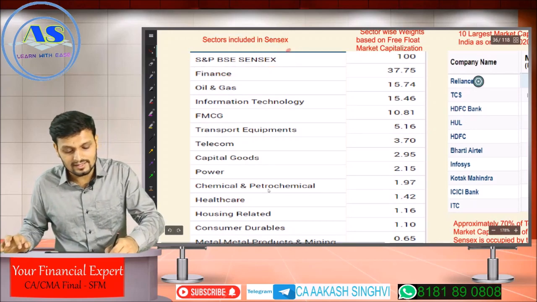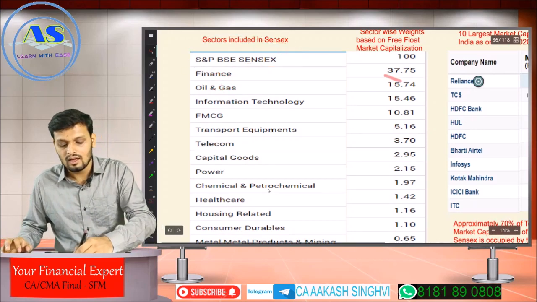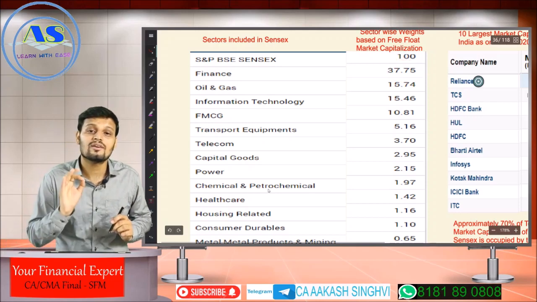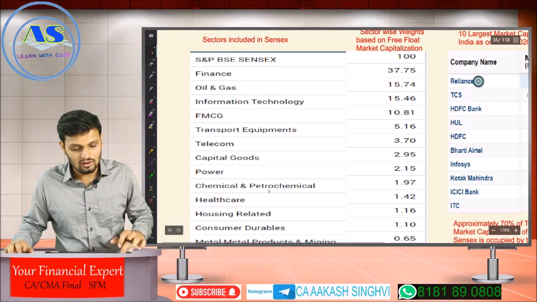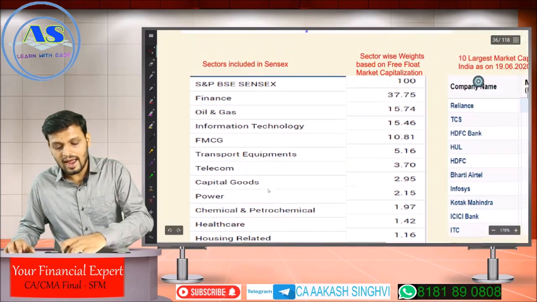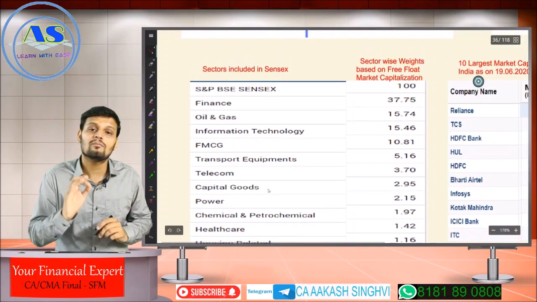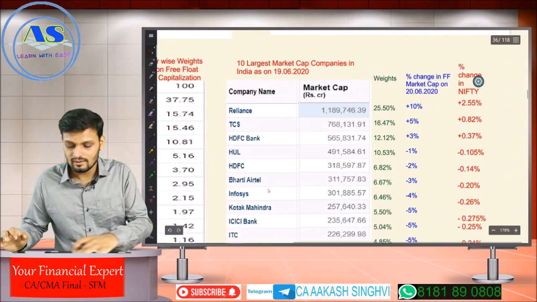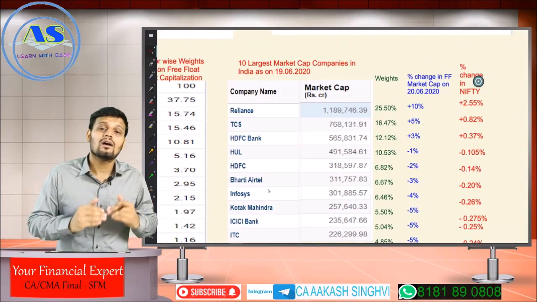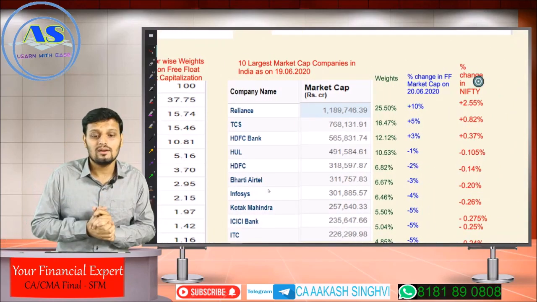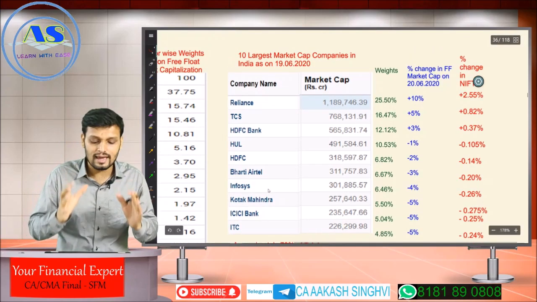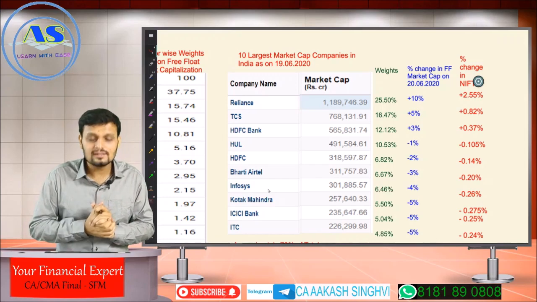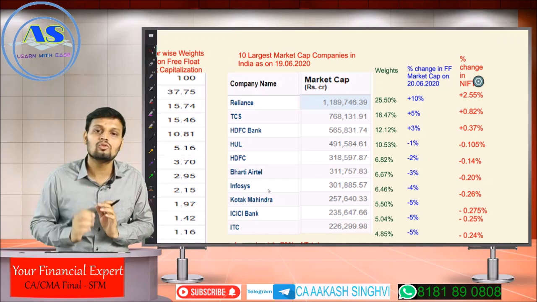Even in Sensex, as you can see, financial services weighs around 37.75% of the total weight, oil and gas around 15.74%, and so on. Now if you add all these weights, it will definitely come to 100%, right? Now to make it more clear, I have taken one example. In my example, I have chosen the 10 largest market cap companies in India, and this data belongs to 19th of June 2020.